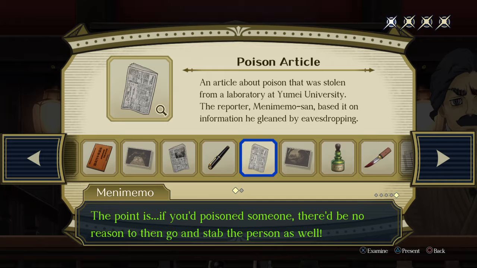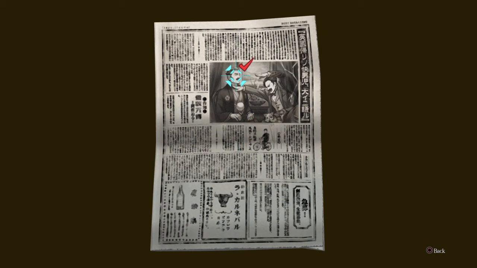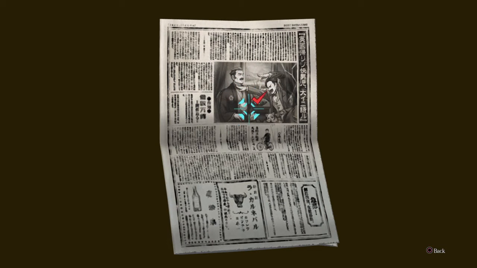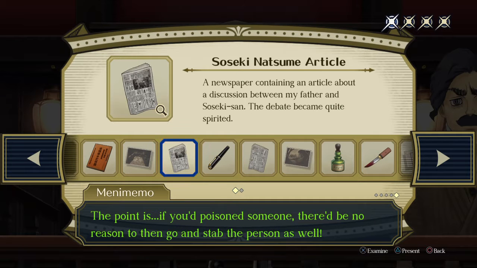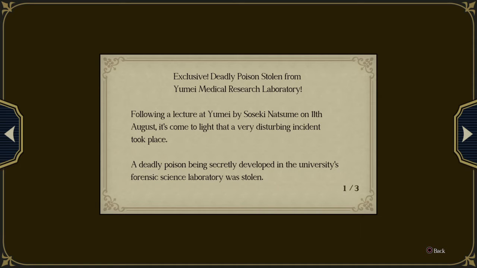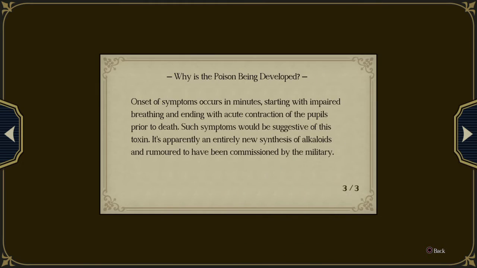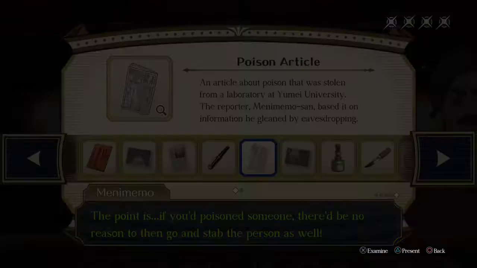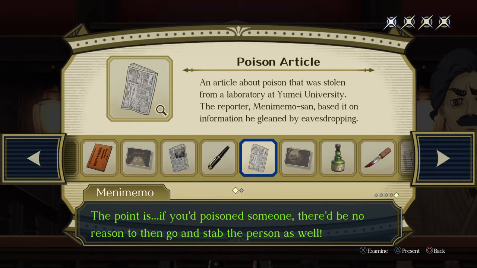There was the discussion here with Sozeki-san, where he asked about the poison, and Yujin explained that it was deadly and bad, but didn't go into detail. And then there was the article about the poison that was stolen, presumably from Miss Brett or whomever. But he only wrote this article after he had heard the exchange between Ray and Giselle.